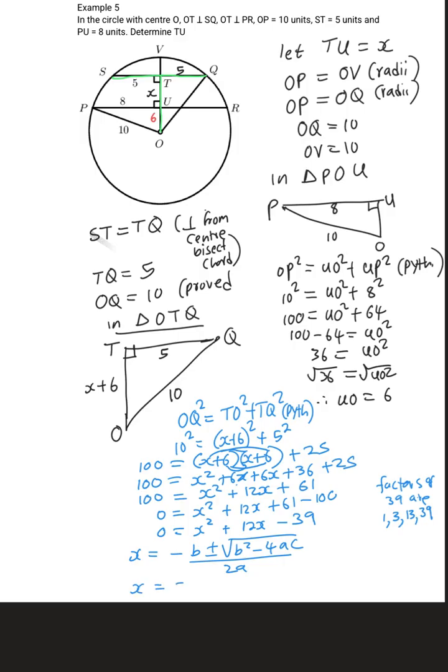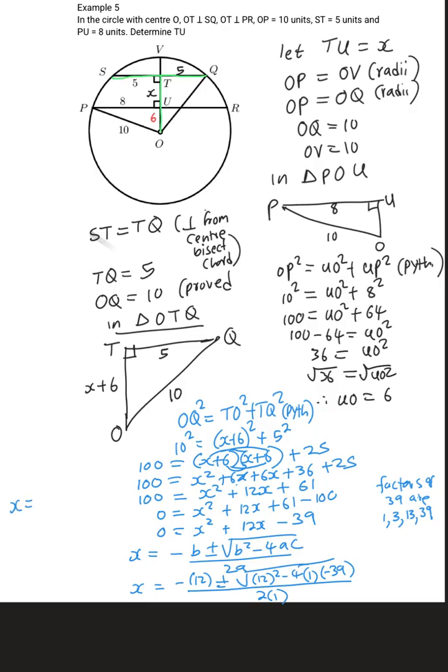So we have minus 12 plus minus 12 squared minus 4a is 1, then c is minus 39, and then all over 2 times a, which is 1. And then when we do that, we're going to get two values basically.